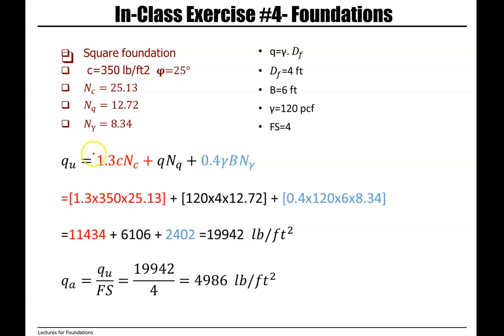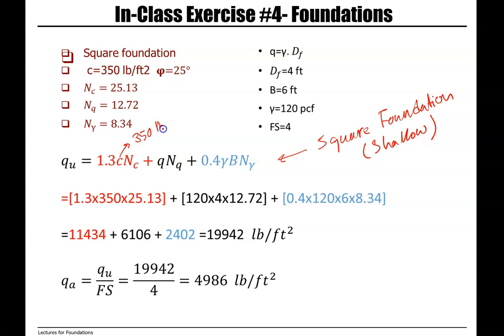We have 1.3. This is the formula for a square foundation. And it's a shallow foundation. Cohesion 350. NC we have from the table. Q we said it's gamma DF. Gamma 120 pounds per cubic feet.